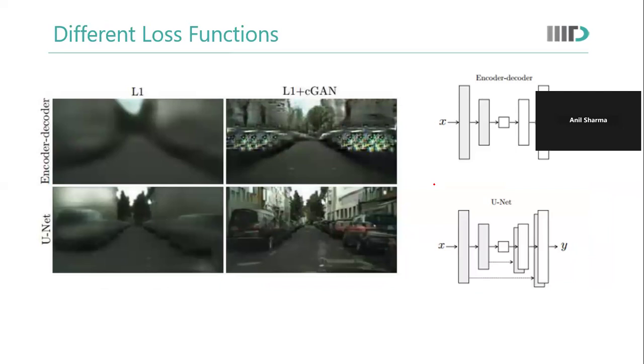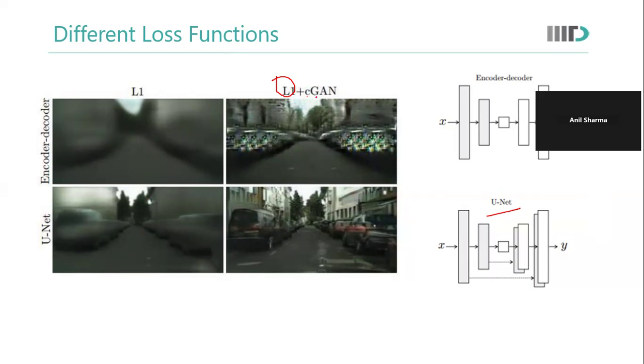Now let's see how the L1 loss comes in well here. This was explained in the UNet architecture. When we incorporate this L1 loss, things look better. If you use only L1 loss in the encoder decoder, this is how things are, and in the UNet this is how things are.